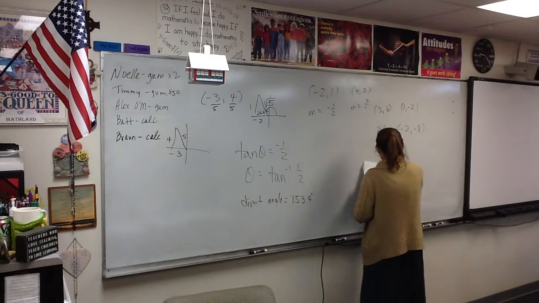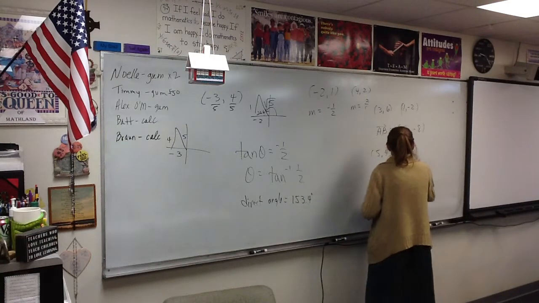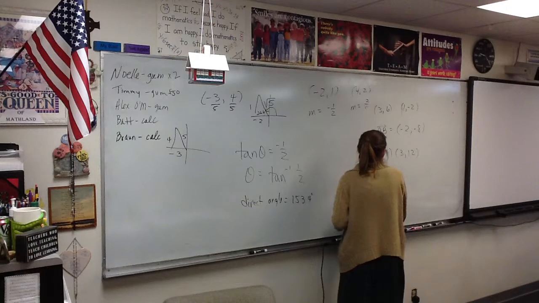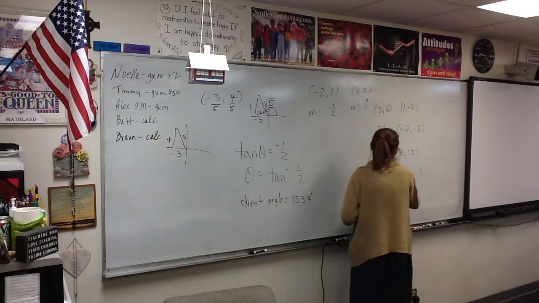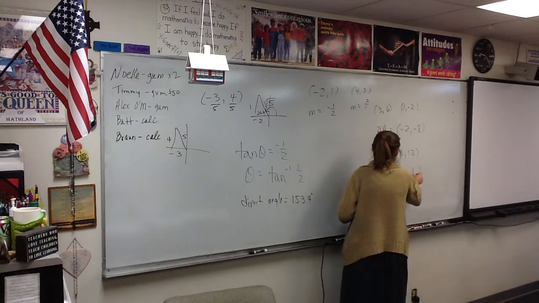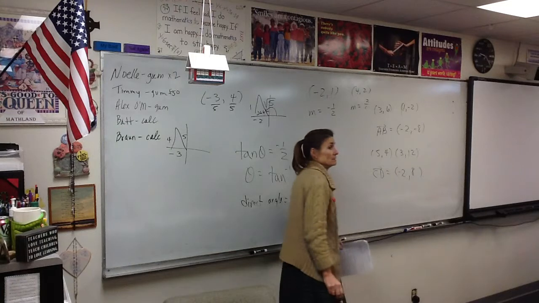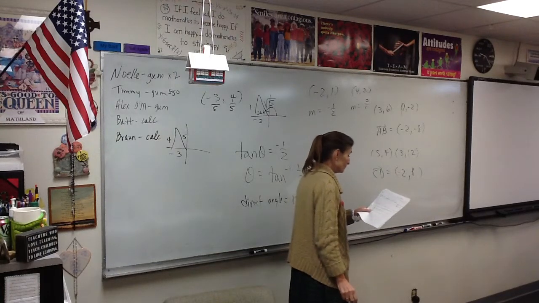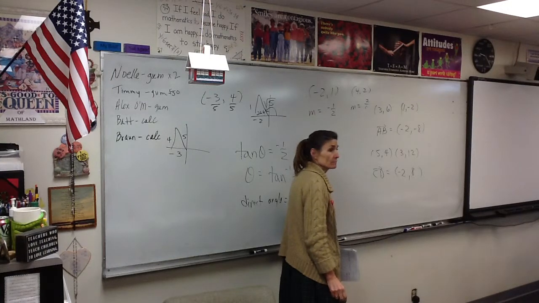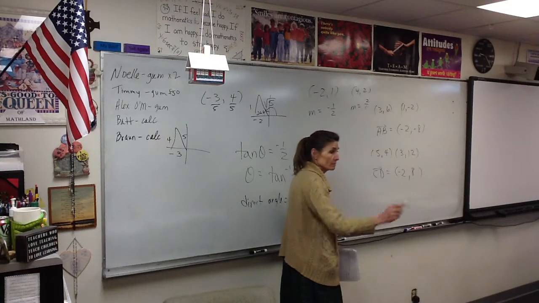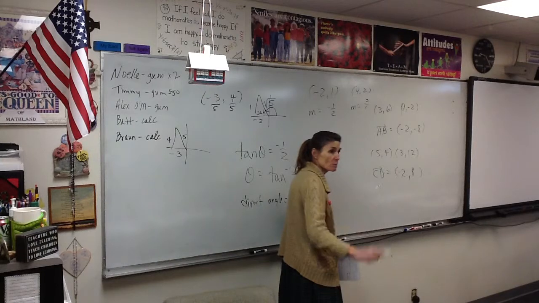And we've got 5, 4, and 3, 12. And that's CD. So that'll be negative 2, 8. Are they equal? No, why not? The coordinates don't match. They don't have the same coordinates.